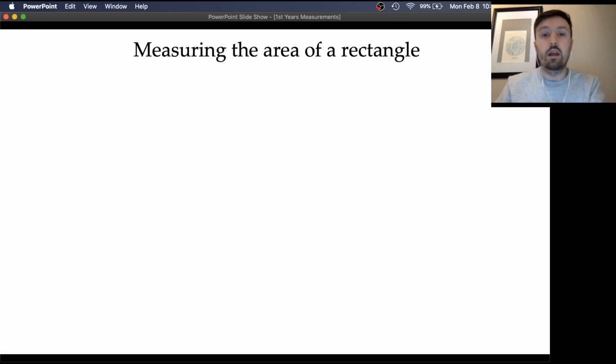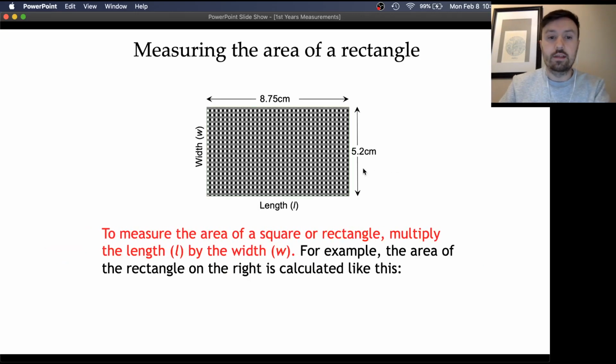So measuring the area of a rectangle, okay? So we have that same diagram. Anywhere you see the red, make sure you're copying that down into your copies, okay? So to measure the area of a square or a rectangle, you multiply the length, which is always given. So the length is this 8.75 centimeters by the width, okay?